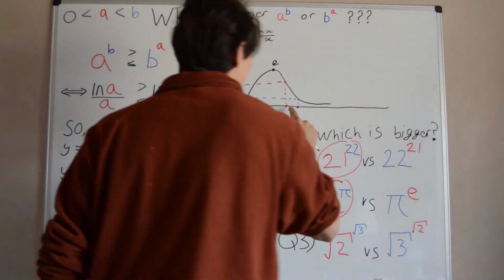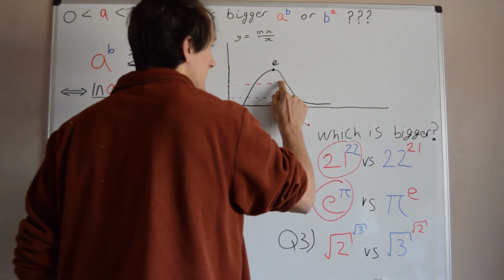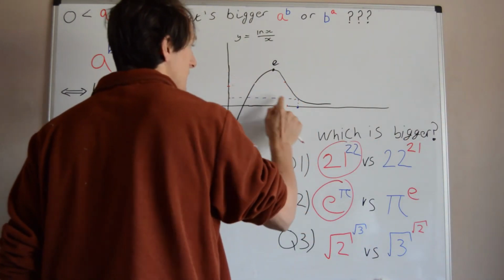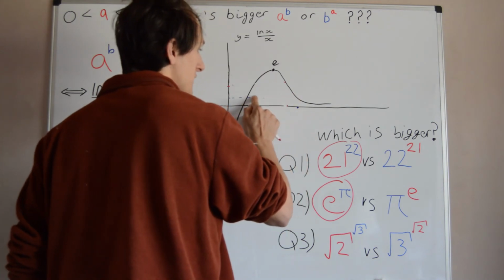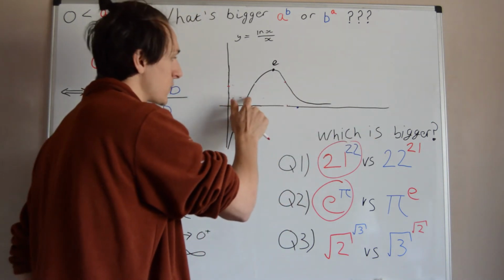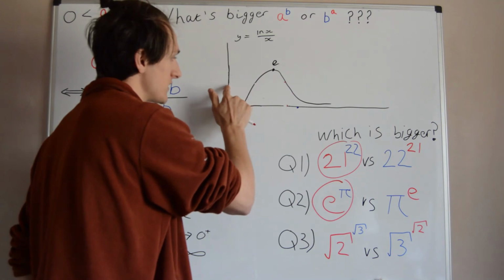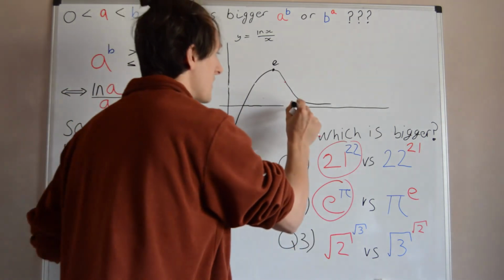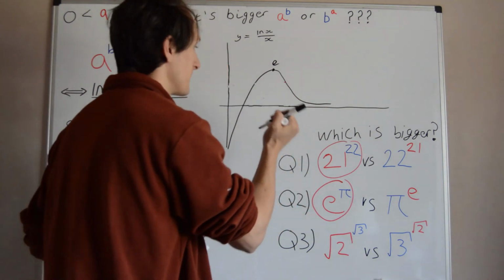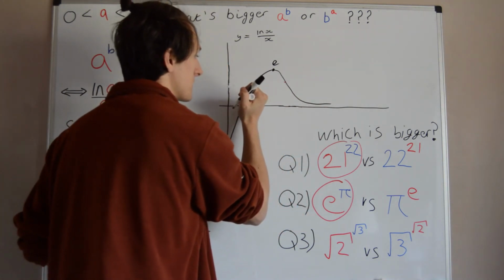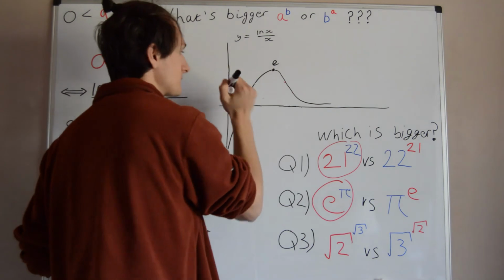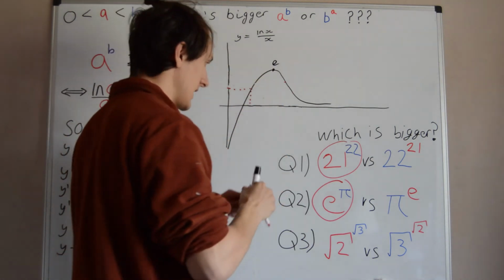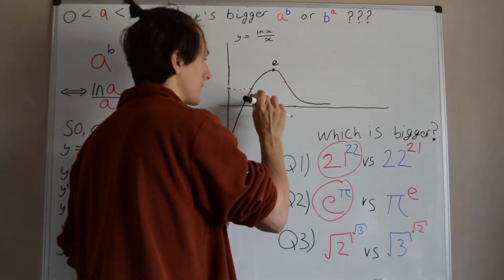Okay, so let's rub these out really quickly. Now we're considering the graph to the left of e, and this is when the gradient is positive. It's positive and it's continuous. Therefore, a is here, and let's have b to be here.